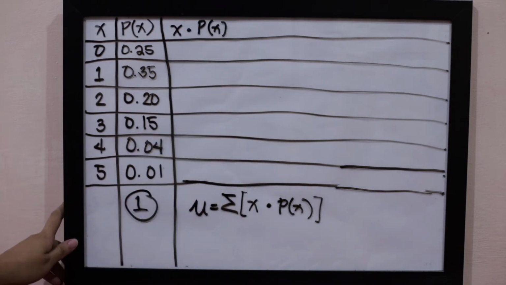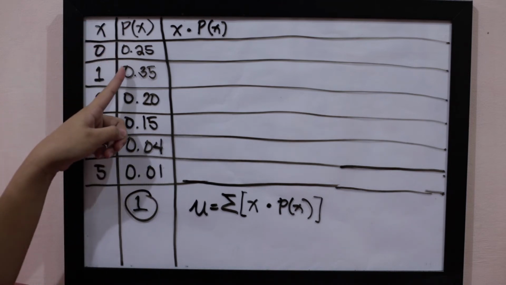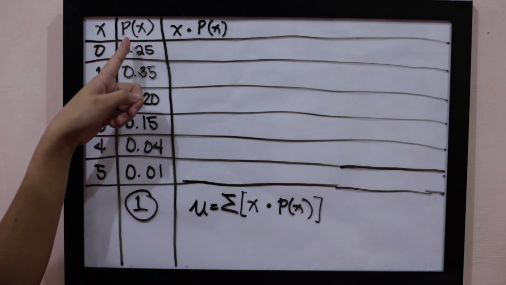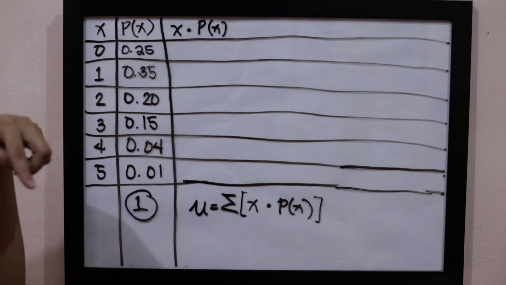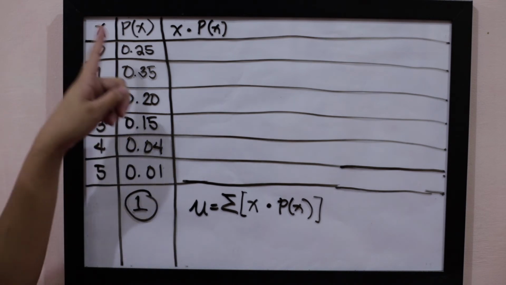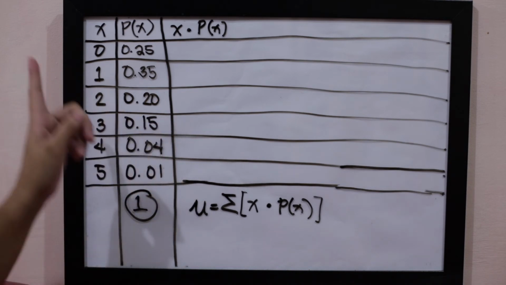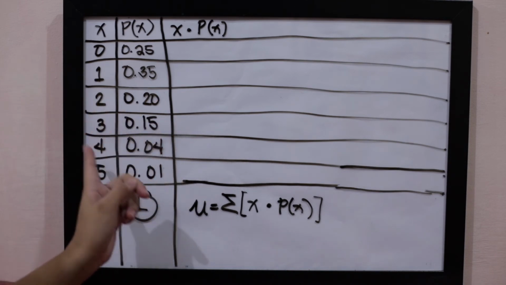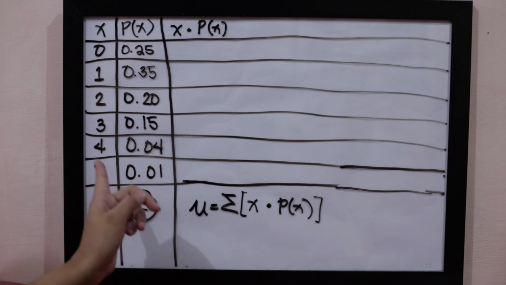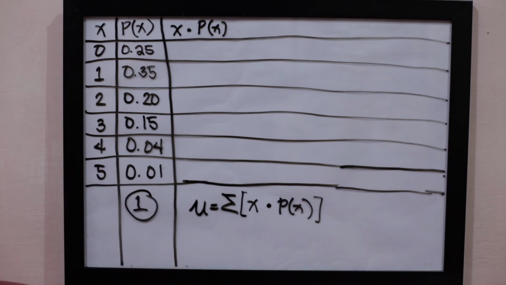Then you just multiply the probability of x by x, one by one. Meaning to say 0 times 0.25, 1 times 0.35, then 2 times 0.20, 3 times 0.15, and then 4 times 0.04, 5 multiplied by 0.01.